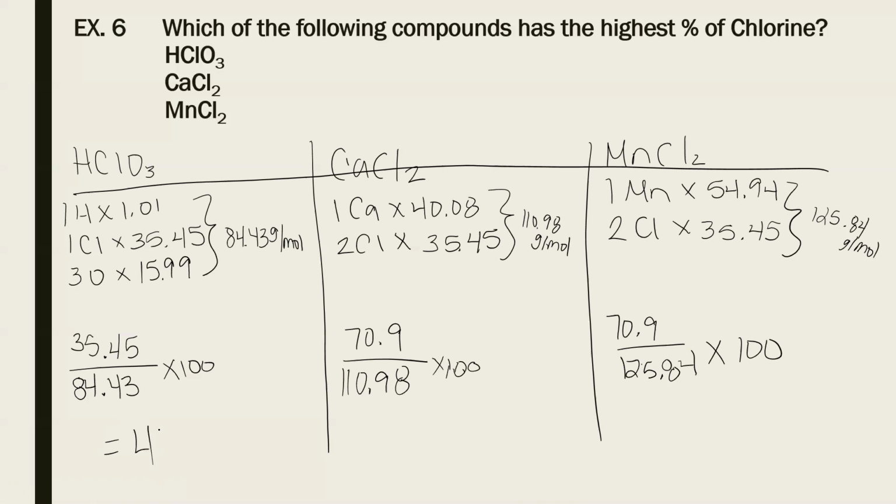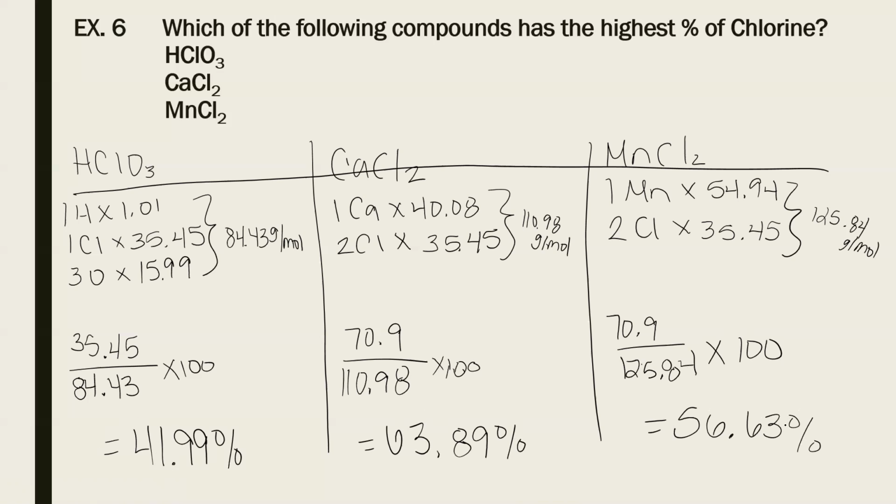In this case, I got 41.99% chlorine. I got 63.89% chlorine for calcium chloride. And manganese chloride, I got 56.63. So looking at this, obviously, highest number, calcium chloride is going to be the best source of chlorine out of the 3.